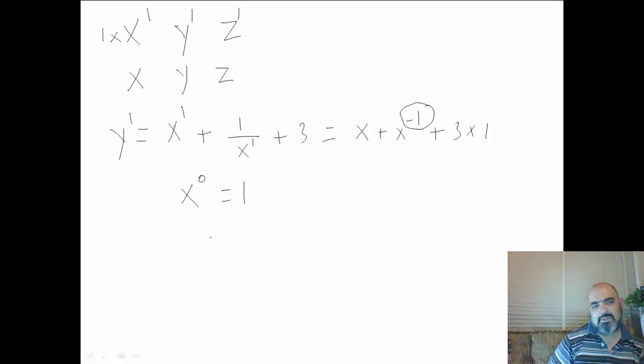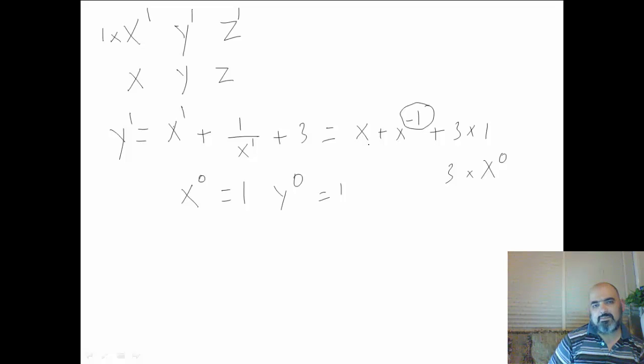So y to the power of 0 also equals 1, etc. So this can be written as 3 times x to the power of 0. But because x to the power of 0 is just 1, it is rendered as 3, and this is acceptable. That's the only exception. Otherwise, you are only allowed to have a power of 1 and a constant.